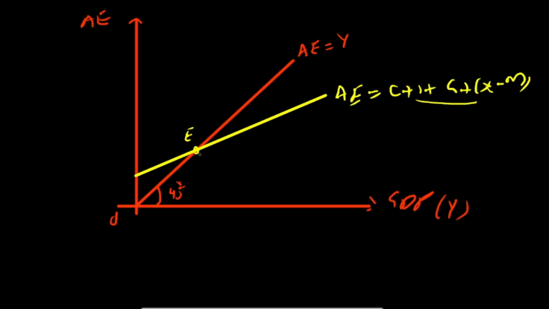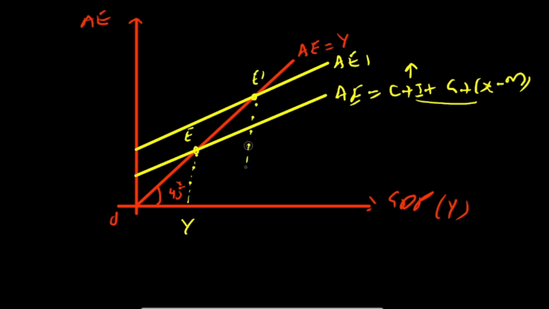Equilibrium takes place at E, where national income is equal to Y. Now if there is a rise in investment, maybe through local investment or multinational companies, then the aggregate expenditure line will move upward, because an increase in investment will lead to an upward shift in the aggregate expenditure line. And the new equilibrium will take place at E1, where national income will increase to Y1.